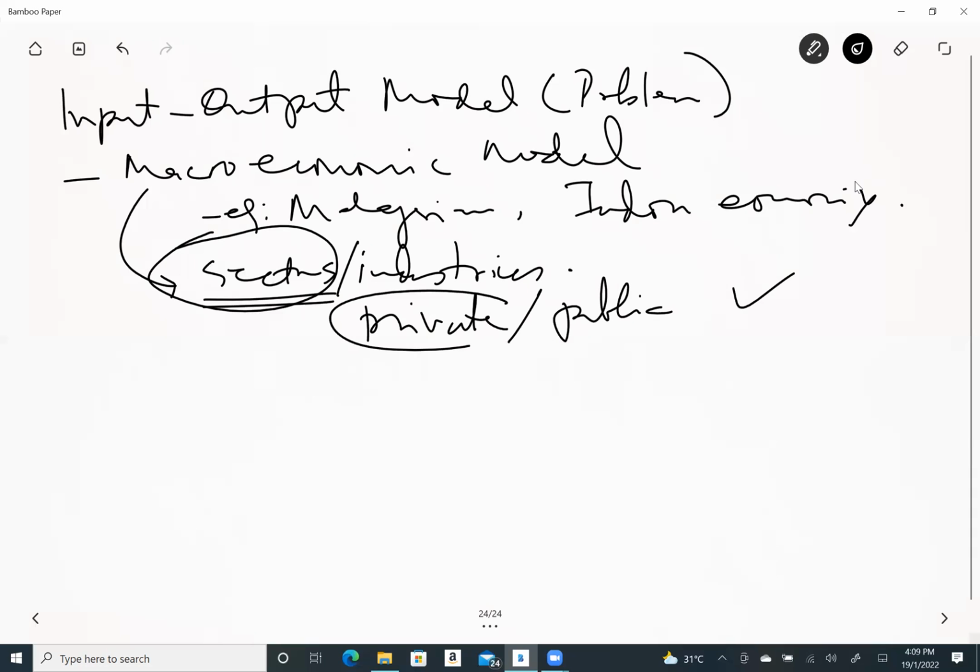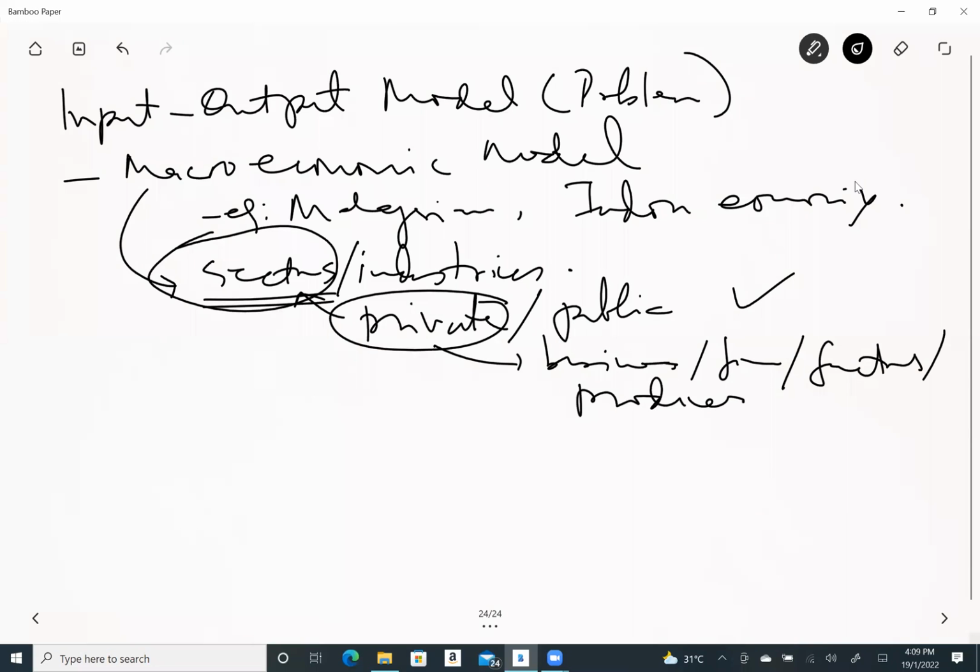Here we consider only the private sector: the firms, businesses, factories, or producers. Now, what kind of sector do we put those things into? Give me one sector.